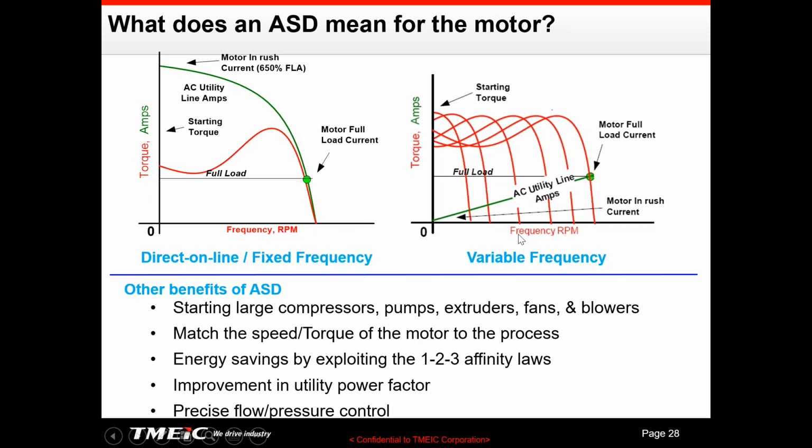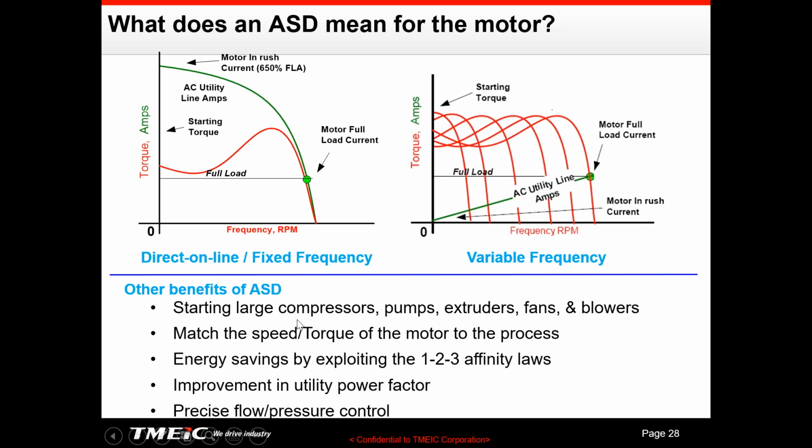But here you have control over the frequency, which means you have control over the speed. So you have a very high starting torque from 0 speed, and you can change this at any time. Those are the big benefits when you are using the VFD.